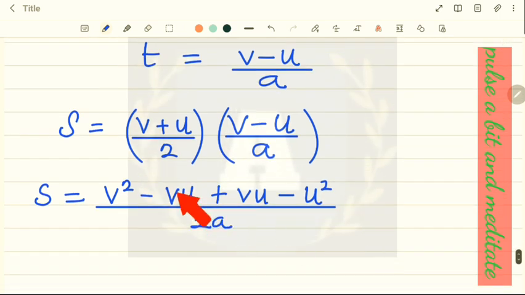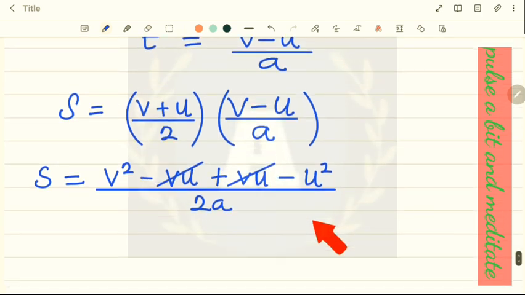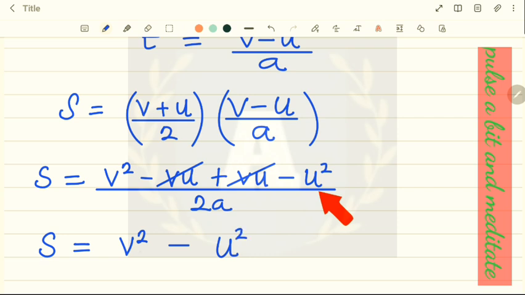Alright, so this is minus VU plus VU. Like saying minus 1 plus 1, that will be 0, so they cancel out. So what you will have left is V squared minus U squared all over 2A.